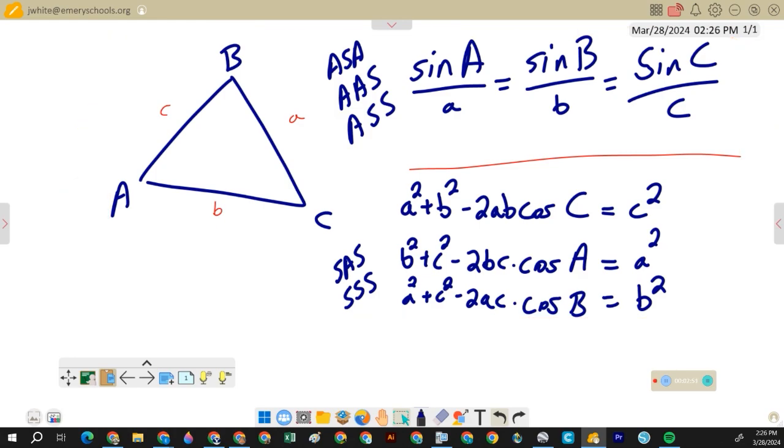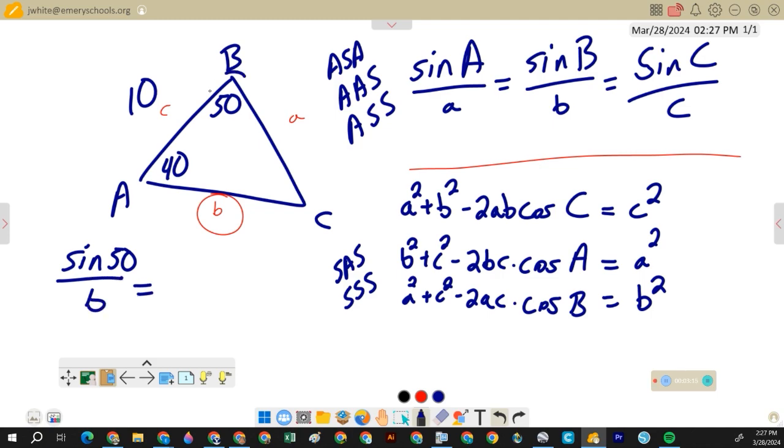Okay. So let's say we had 40, 50, and 10. And I wanted to know what is side B. So we'd use the law of sines, and the sine of 50 over B, so this over this, is equal to the sine of C over 10.